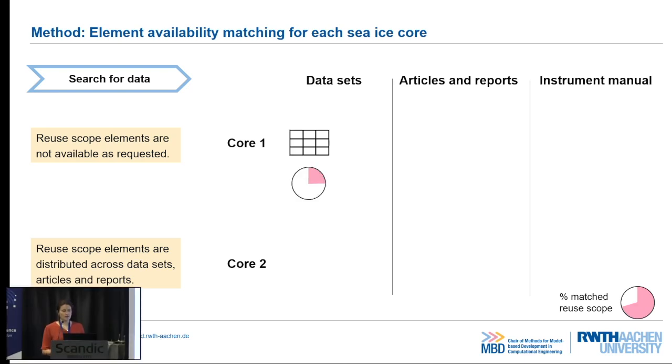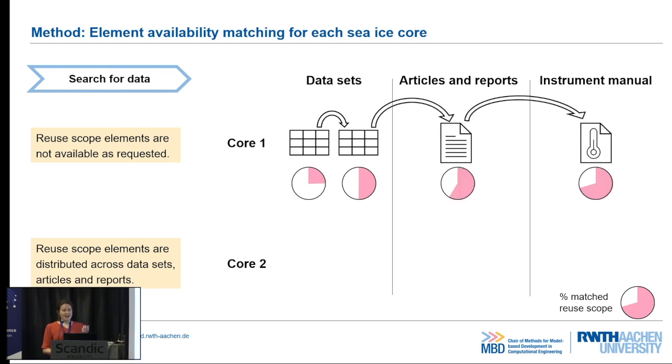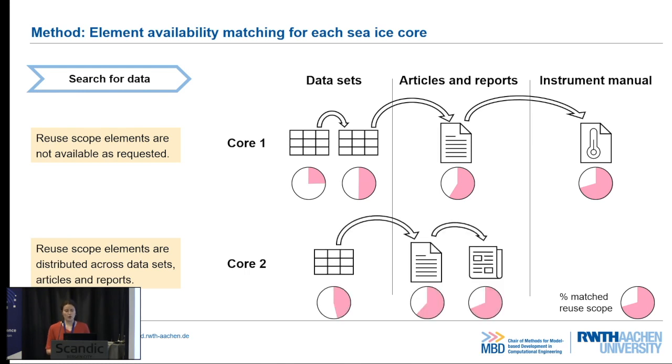So one data set provides me some parts of the reuse scope, some of the elements that I was looking for. Then I look for a second data set where I found more elements. Then I looked into articles and reports and into instrument manuals to fill up all these elements that are needed for my reuse scenarios. And then I continued with the next core.